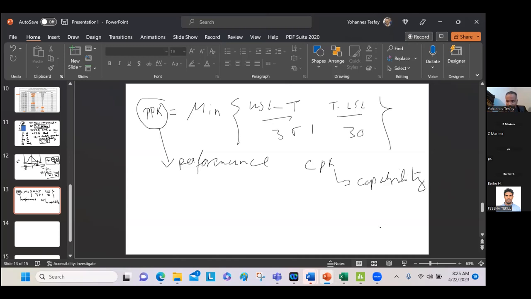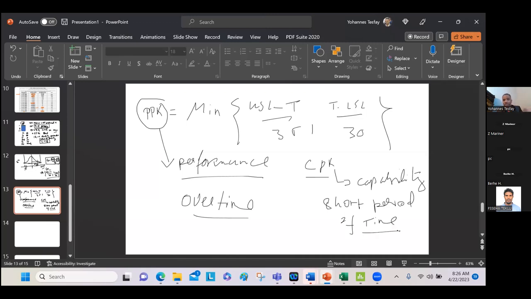Okay. What does that mean? A performance should be over time. Is it clear? Over time. Long period of time. Your calculation is for a long period of time. But CPK is for a short period of time. Is it clear? Short period of time.